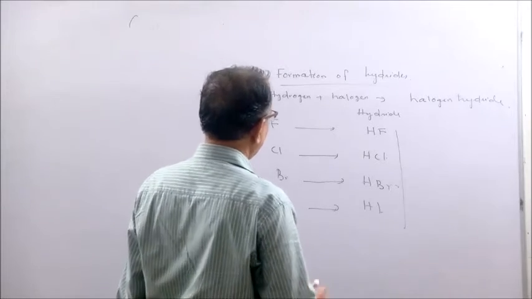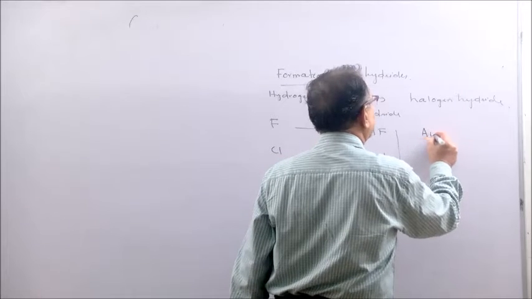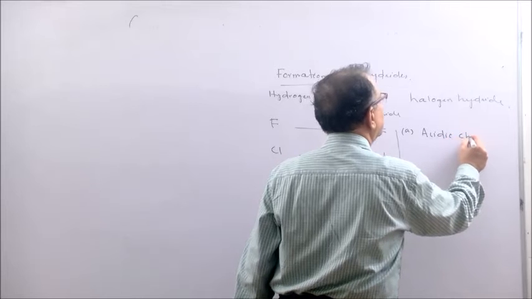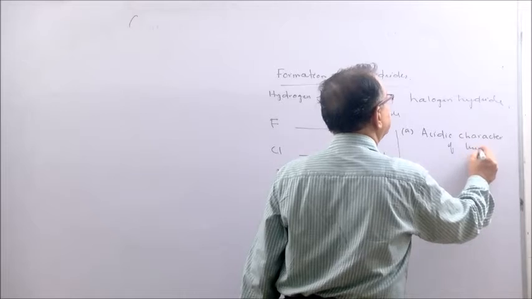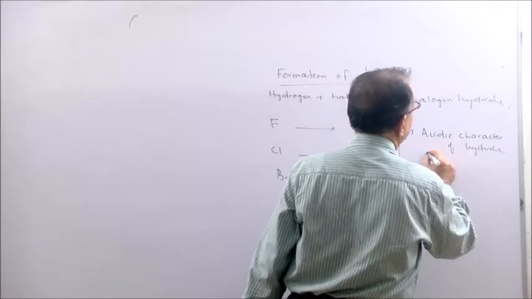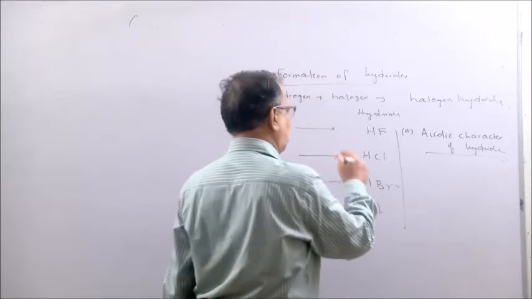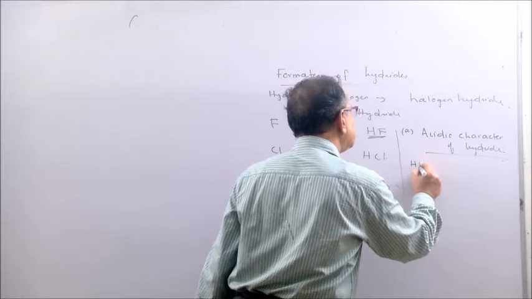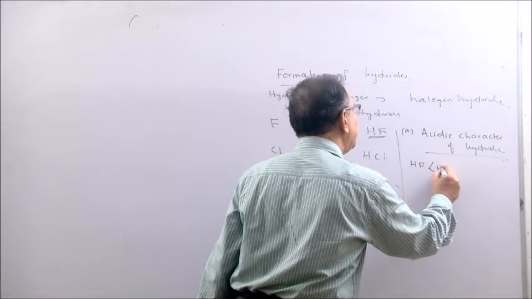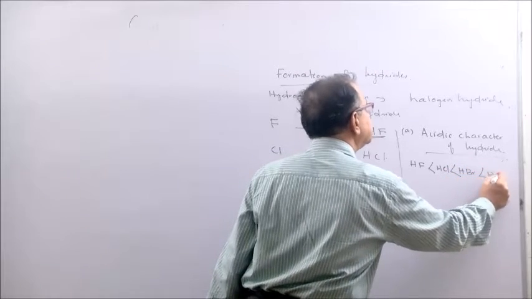Now, we can explain the acidic character of hydrides. In this acidic character, HF is the weakest acid, then comes HCl, then HBr, then HI.